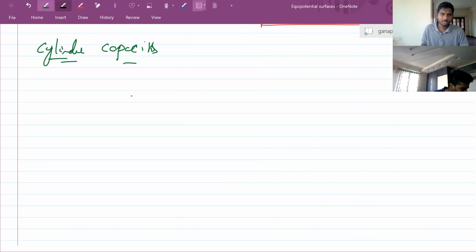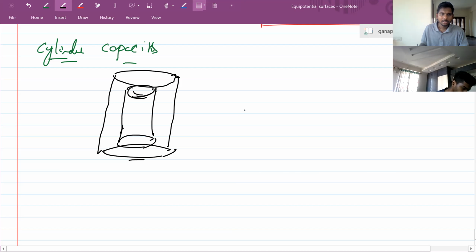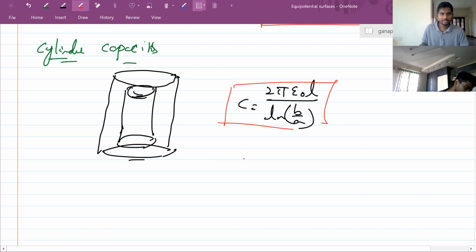The cylindrical capacitor is not given; otherwise the capacitance is C equal to 2 pi epsilon naught L divided by ln B by A. Only parallel plate and spherical are given. This is B, this is A.